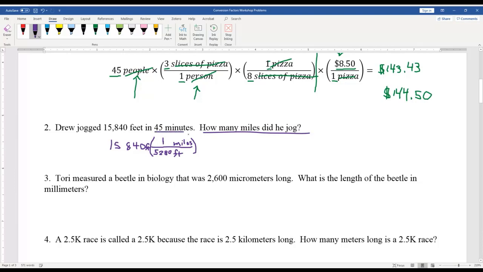For example, what do I have to do with this 45 minutes? Well, it turns out that you don't have to actually do anything with it. A lot of times you're going to be given problems where you'll be given extra information that's not necessary, and you have to be able to identify whether or not that information is going to be useful in solving the problem.